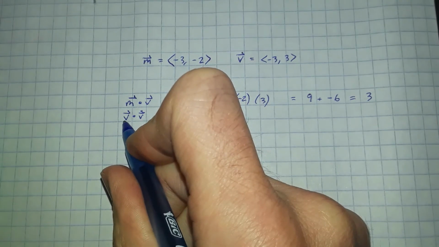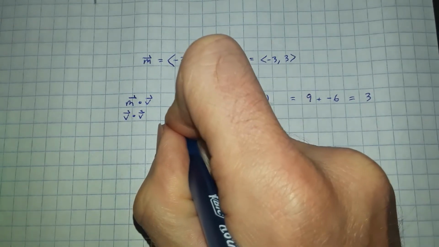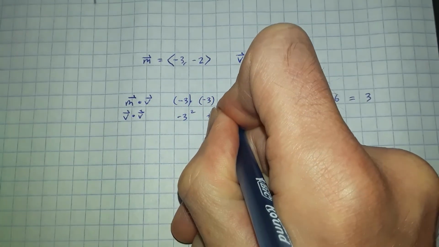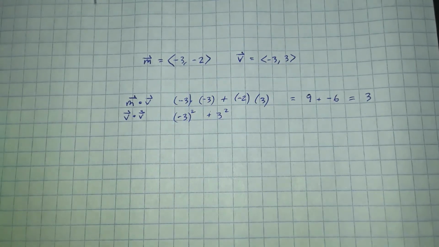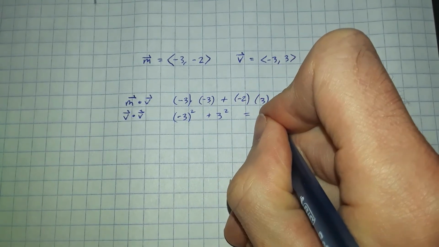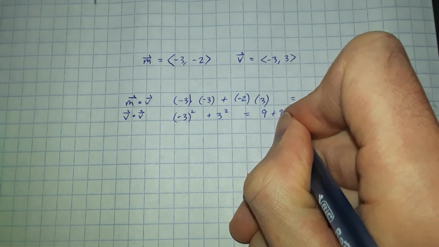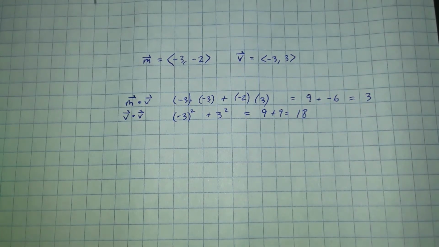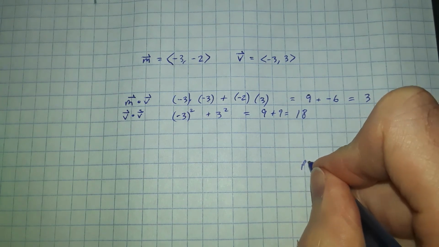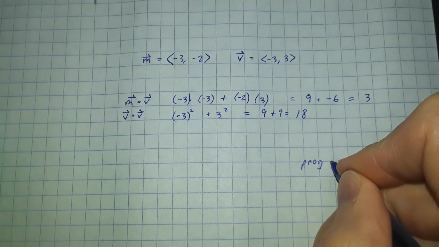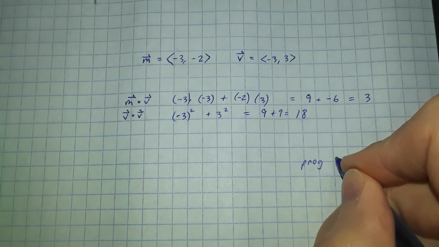And now we're going to look at this vector by itself. So this is going to be 3 squared plus 3 squared. The negative squared is going to give us a positive, so we're looking at 9 plus 9, which is 18. So now our projection formula, we're still trying to answer the same question, the projection of vector m onto vector v.